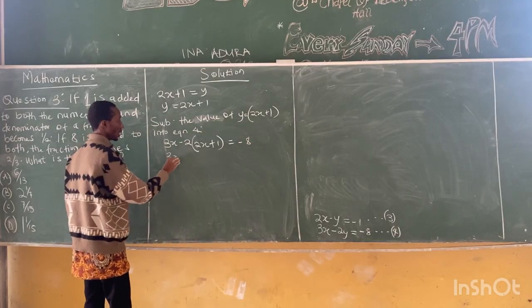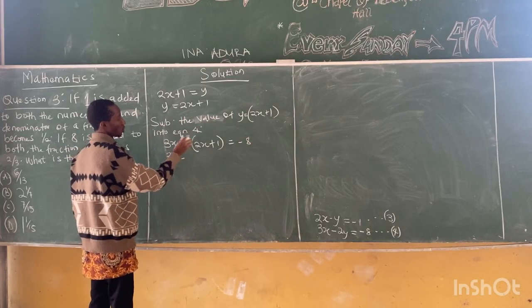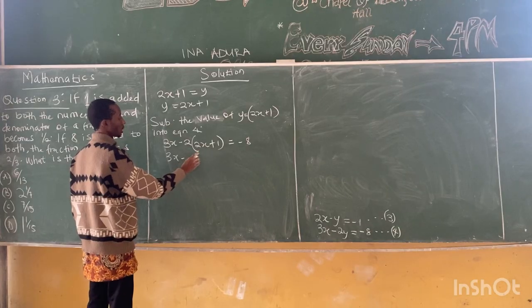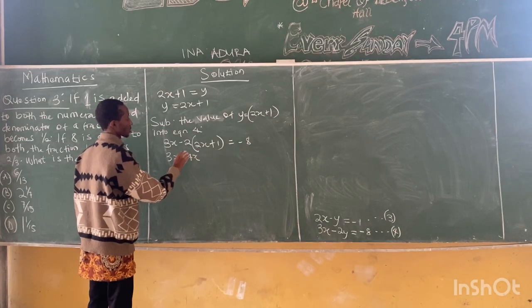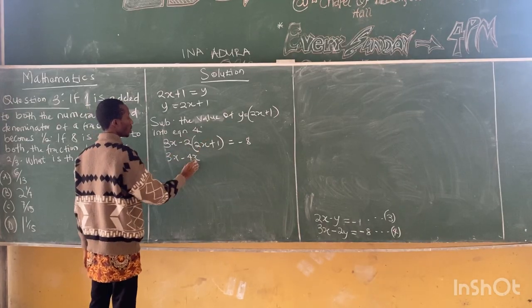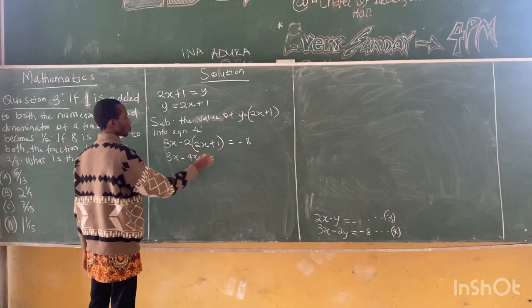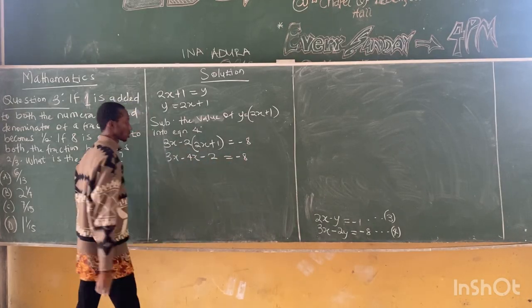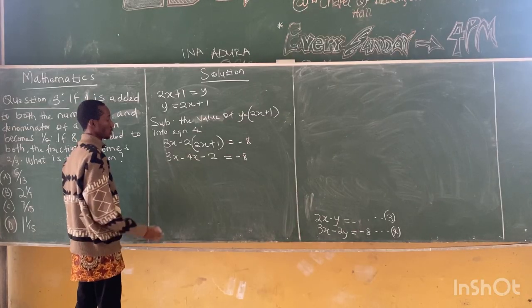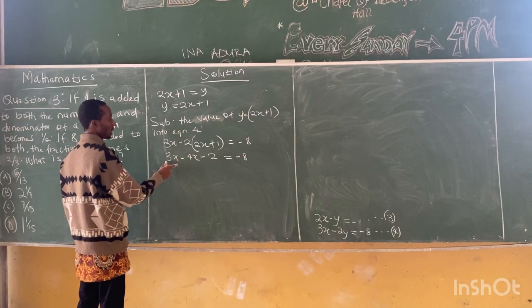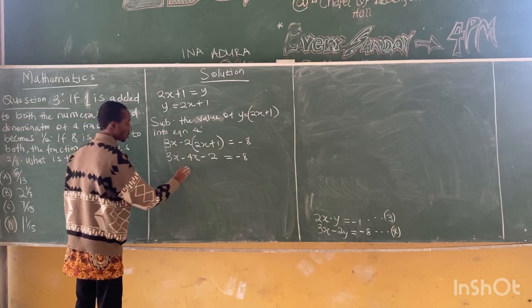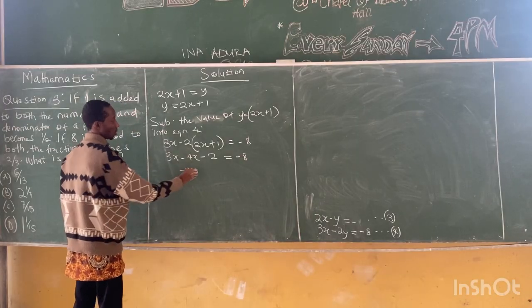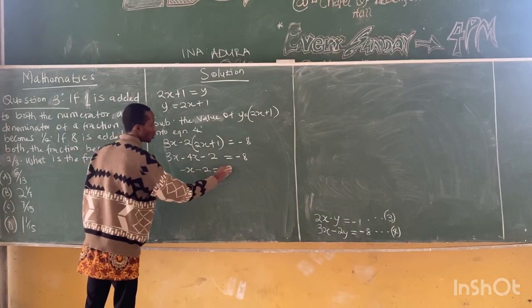This is 3x minus 2 times 2x, which will give us minus 4x. Minus times plus is minus. 2 times 1 is 2, equal to minus 8. 3x minus 4x will give us minus x minus 2 equal to minus 8.